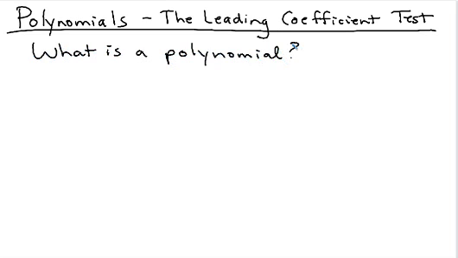What is a polynomial? Well, it's a function, and our most familiar polynomial is a quadratic. All right, a quadratic is a polynomial, something like x squared minus 2x minus 35.